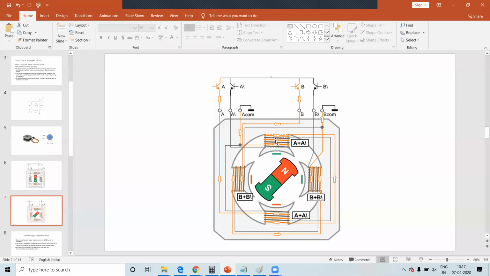Due to the magnetic field, the magnet which is connected here gets rotated. So this rotates in clockwise direction. If we connect VCC to A slash and A to ground, similarly B slash is connected to VCC and B is grounded, in that case, the shaft rotates in anti-clockwise direction.